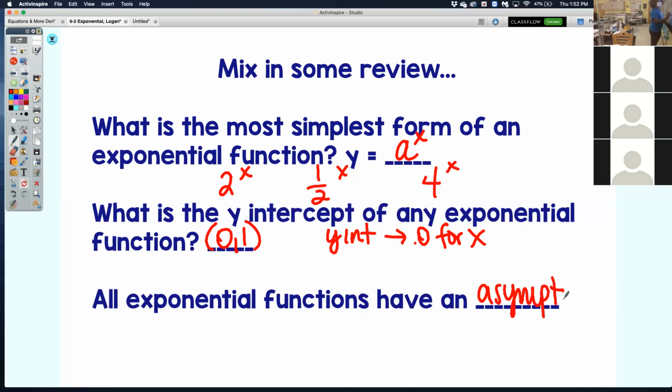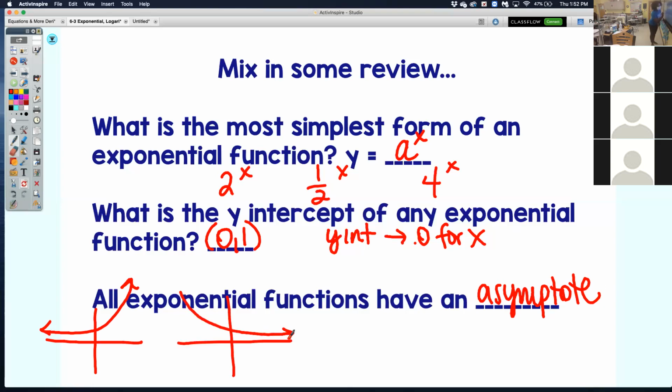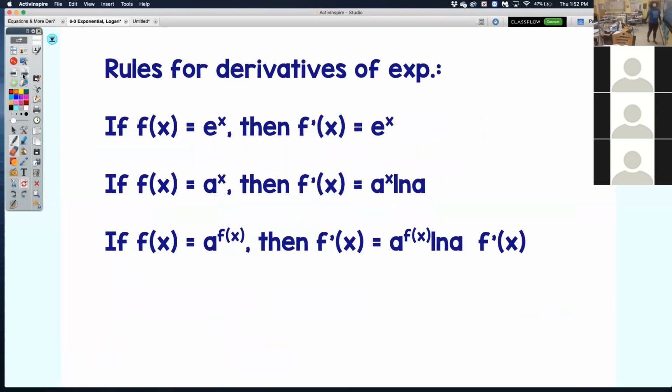Don't forget that exponential functions are asymptotic to the x-axis like so, or like so, depending on if the base is a number bigger than 1 or a number between 0 and 1. Of course, negatives means they're reflected over the x-axis, and so then they'll be below. But every single one of these is like this. Don't forget about some of these basic things. Of course, we'll review them, but we cannot forget about them as well.